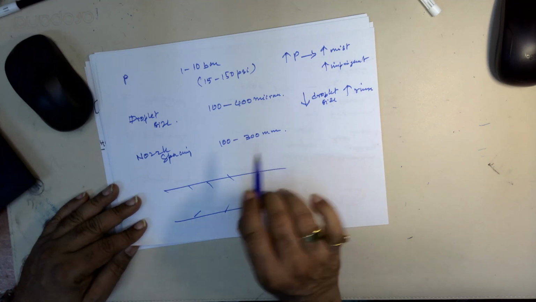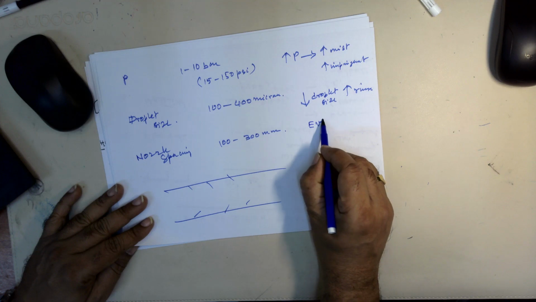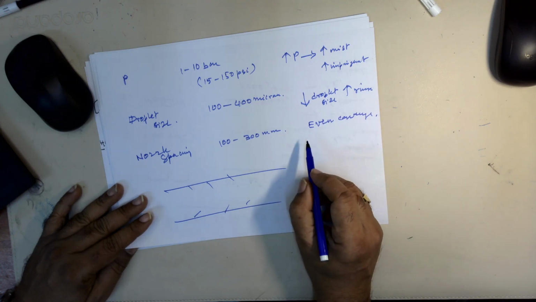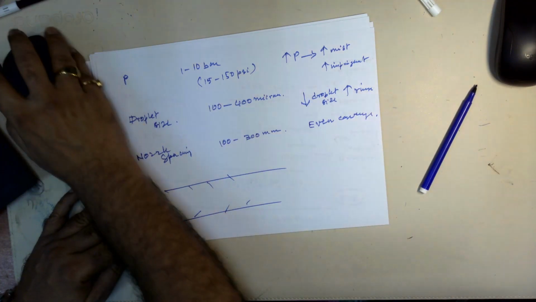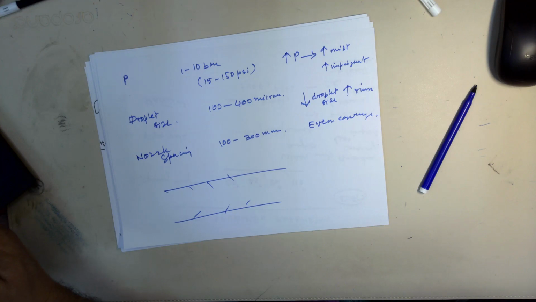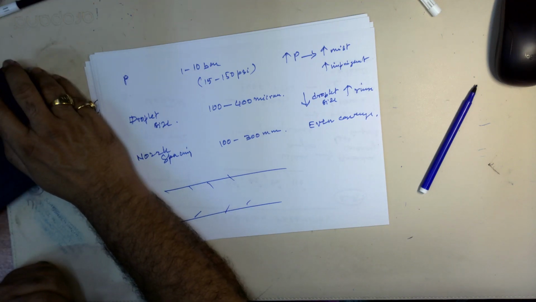So this is the typical arrangement so that you will have even coverage, especially with the flat parts. These are the very important aspects about the technology of nozzle.